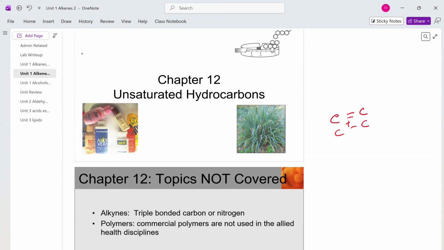Triple bonds are triple bonds, double bonds, and single bonds. Now, we're not doing alkynes because they're not native to biochemical systems, at least the common biochemical systems like mammalian physiology.